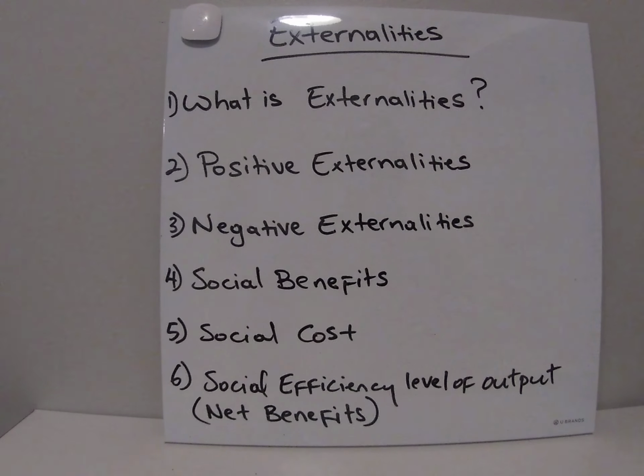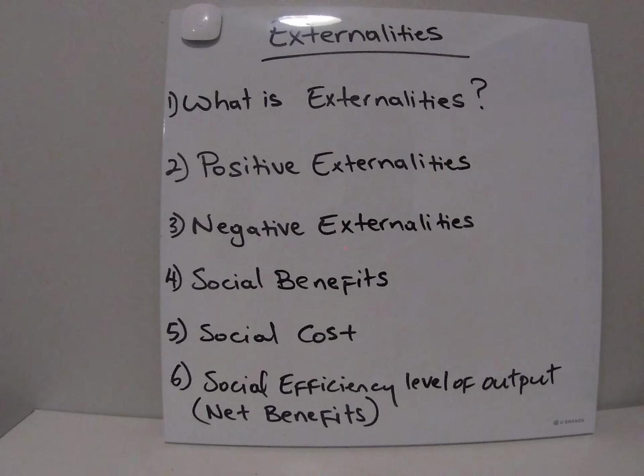All right, so what exactly are externalities? Or how do we derive the externalities? Externalities occur when there are third parties involved. These are people who are not a part of the buying or the production or the consumption of this particular good or service at hand.